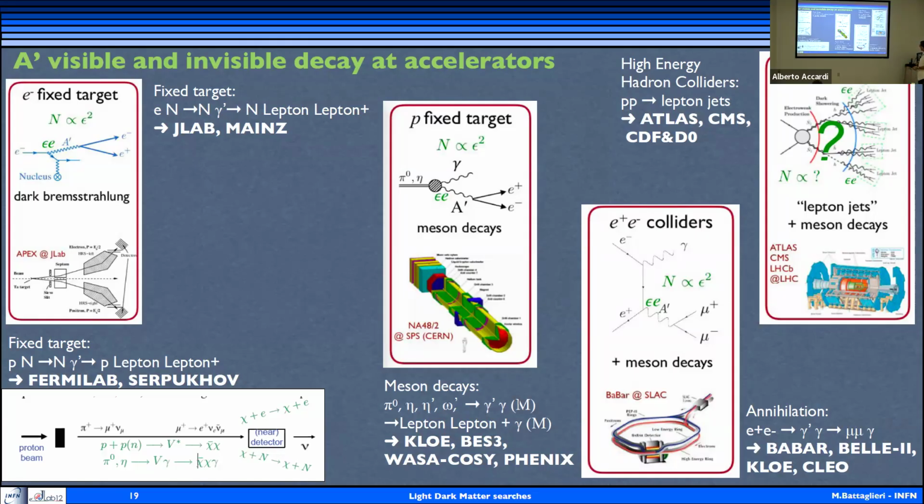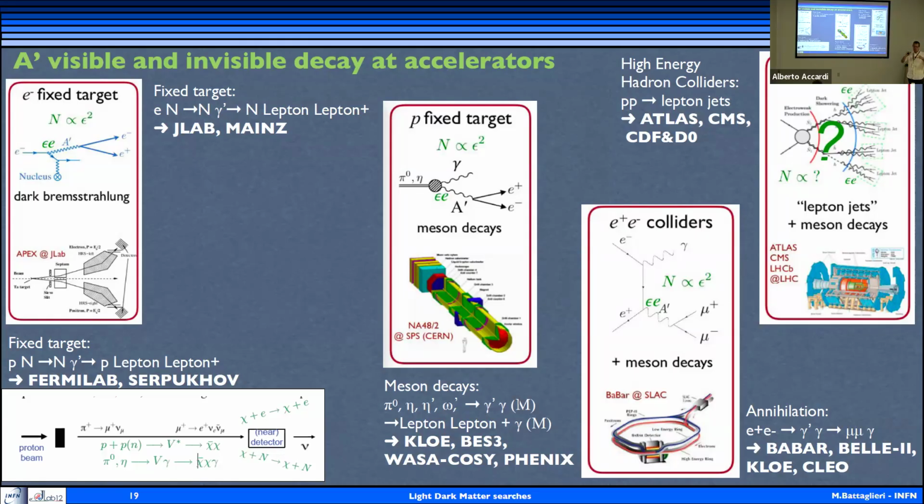In an e+ e- collider, as I mentioned before, you have e+ e- that produce a gamma and an A prime. Obviously, the A prime may also decay in e+ e-, but you can imagine how difficult that is in a collider. It's much easier to measure mu+ mu-. There are also practicalities, meaning the efficiency of your detection methodology, or how well the background can be suppressed.